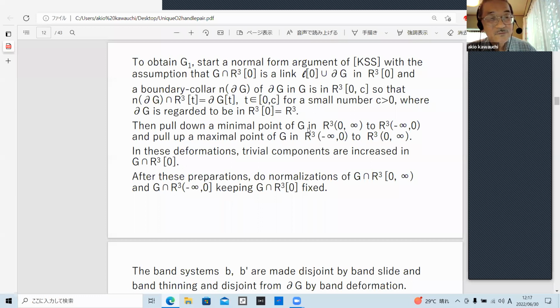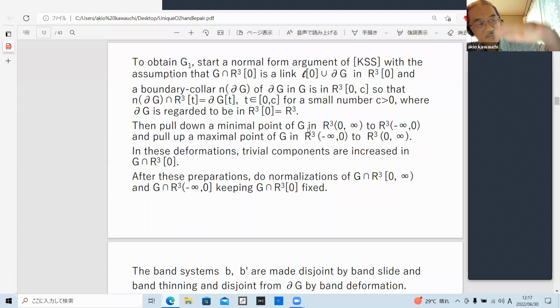But to obtain G1, some observation is needed, because the starting point is the T equals 0 level. It's given.